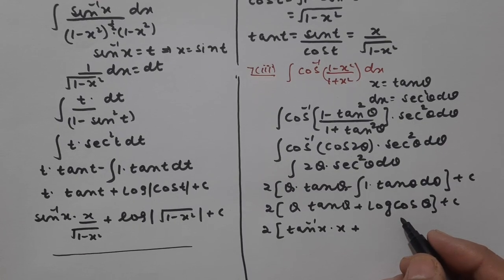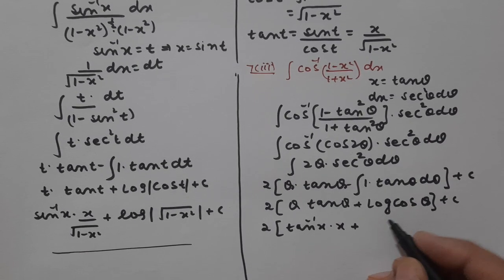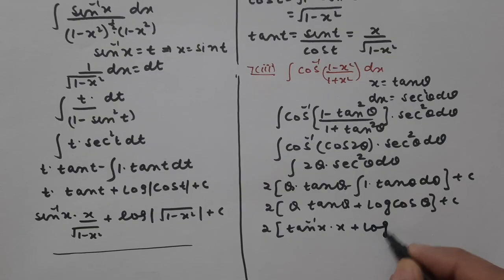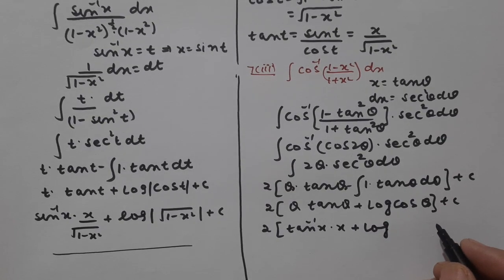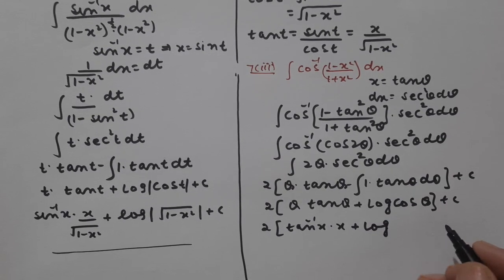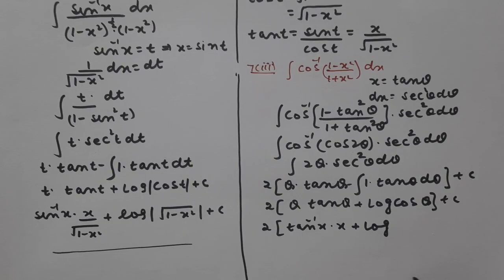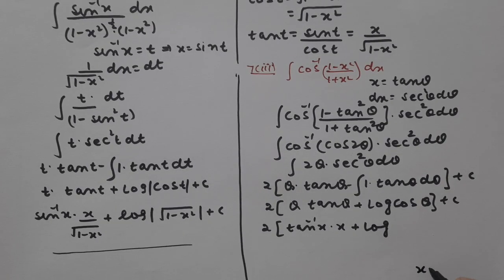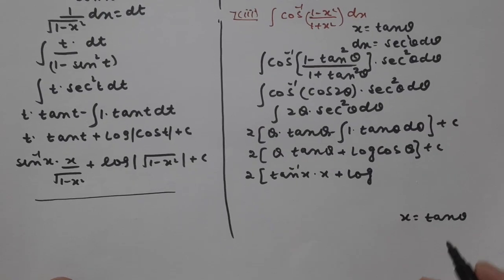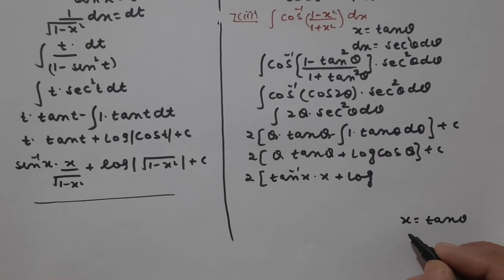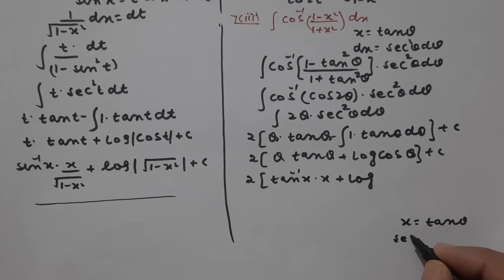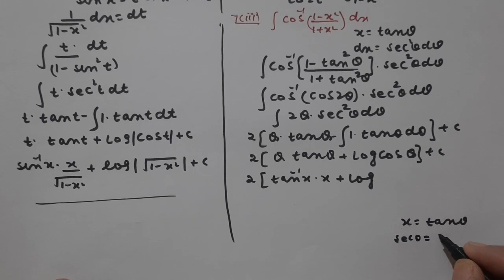I told you the value of cos theta from tan theta equal to x. I tell you, see here, we have x equal to tan theta. Now we find the value of secant theta. Secant theta is under root 1 plus tan square, right?